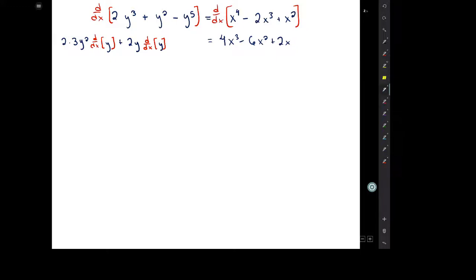In the third term, we take the derivative of y to the 5th, and we get 5y to the 4th times the derivative of y, which is our inside function.